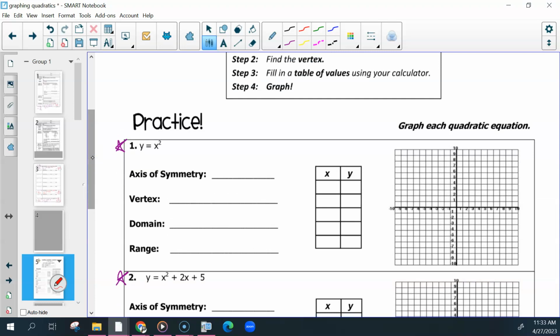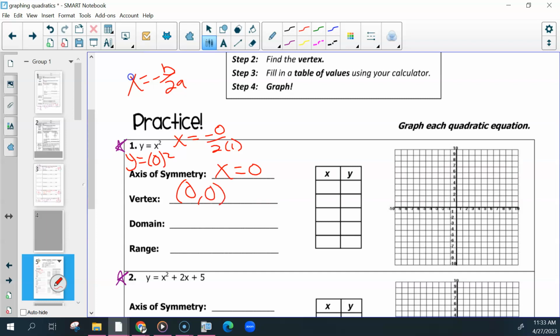So let's find our axis of symmetry here. What would that be? 0, because we don't have a B value. And then if we were to put 0 into the original, what would our y value be?